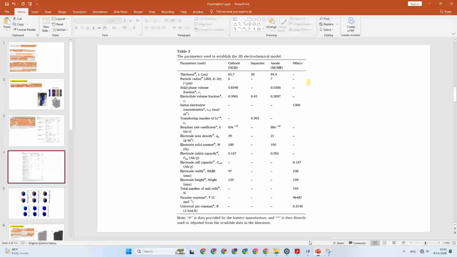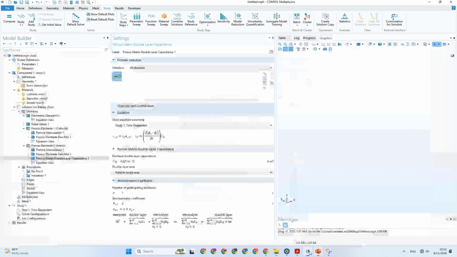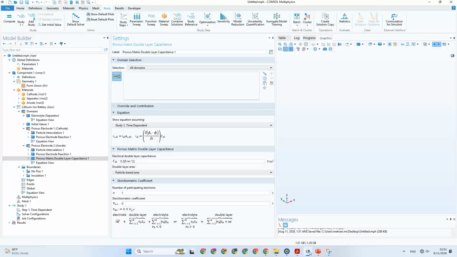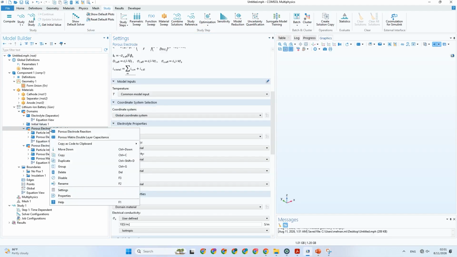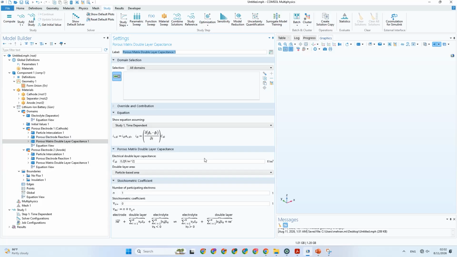Let me see electrode initial capacity. Maybe this is important, I don't know. You can add it, this is arbitrary, okay? I can add for both of them and just use an arbitrary value, and I choose particle base.